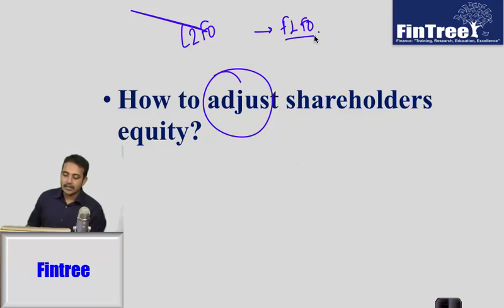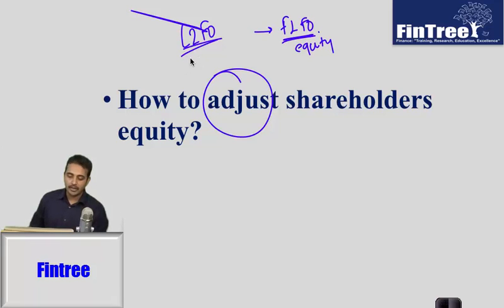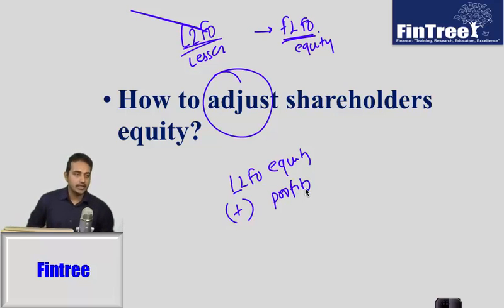So can I say that LIFO equity is lesser and FIFO equity should be higher? So you start with LIFO equity and to that you should add whatever the amounts by which profits must have changed. But which are those amounts?